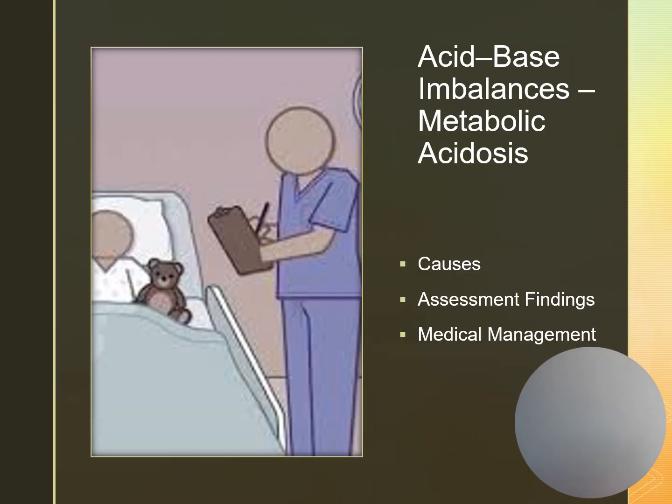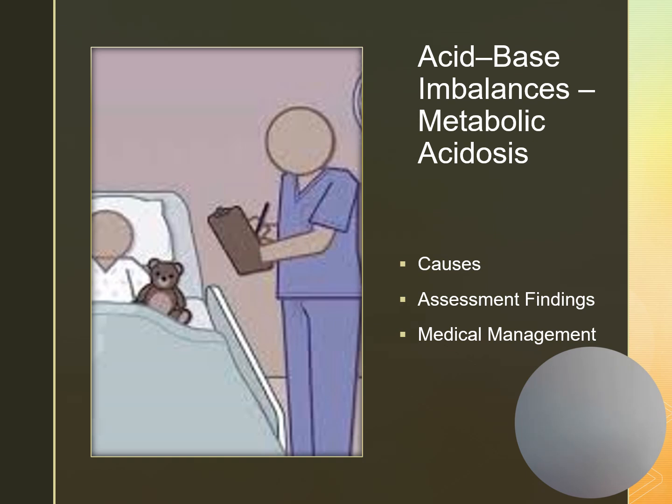Metabolic acidosis is caused by increased acids or a decreased amount of bicarbonate. Causes include shock, cardiac arrest, starvation, diabetic ketoacidosis, renal failure, aspirin overdose, loss of intestinal fluid, or wound drainage or diarrhea.